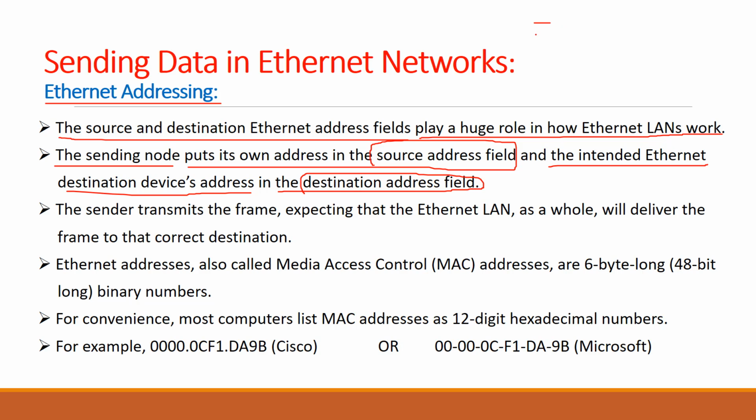So if we have PC1 and PC2, this has a MAC address A, for example, and this has a MAC address B. If PC1 is communicating with PC2, the frame will have source MAC address A and destination MAC address B. Later on, we will demonstrate what the MAC address is and how many bits it has in the coming slides.